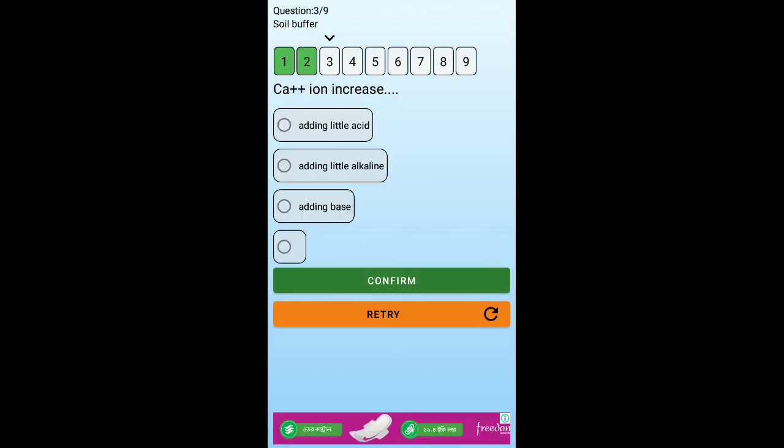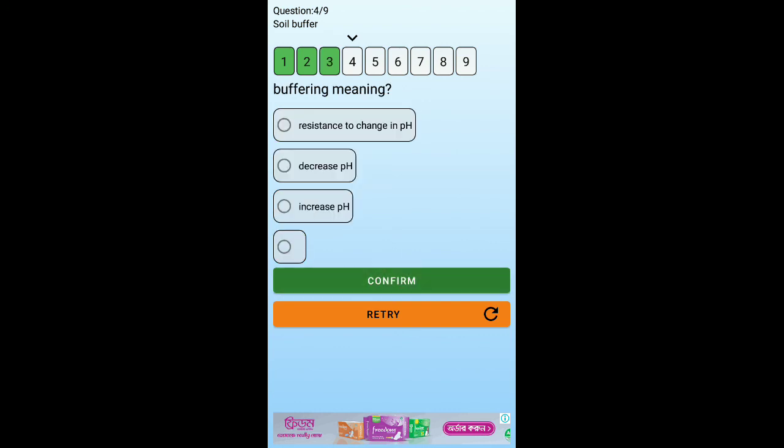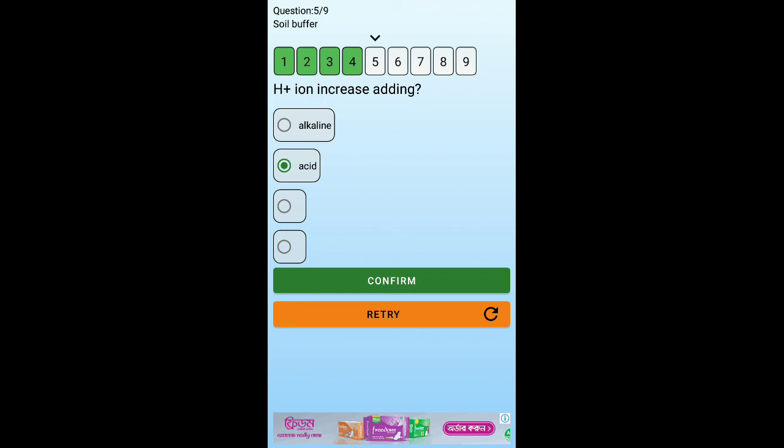Next, calcium 2 plus ion increases when we add a little acid. Buffering means resistance to change in pH. Hydrogen ion increases when we add alkaline. Which is a buffering agent?